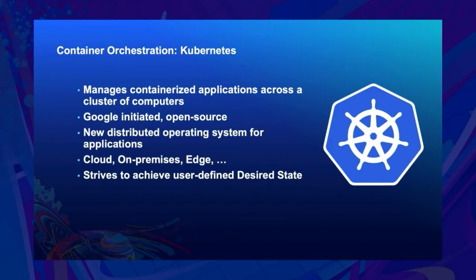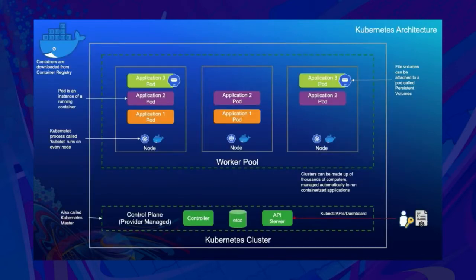Kubernetes is available as a service by most cloud vendors like Microsoft Azure, AWS, and Google. It is also available on premises via vendors like Red Hat's OpenShift and VMware. We'll look at the Kubernetes architecture in the next slide to better understand how it operates.